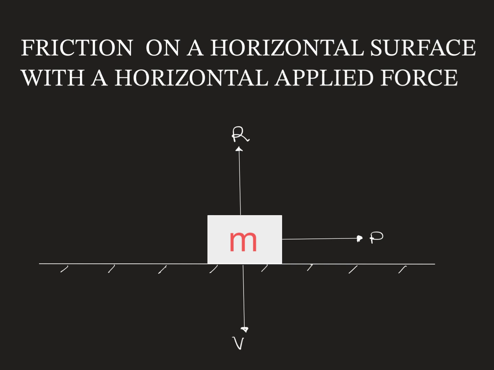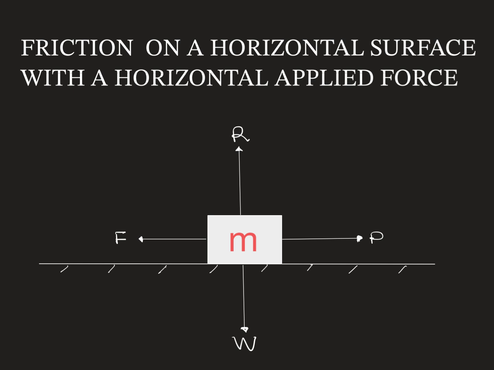Let's call that W. So if the applied force is acting towards the right in an attempt to move the object, then it means the frictional force has to act in the opposite direction. That is, the frictional force will act on the left. So we call that F as the friction.